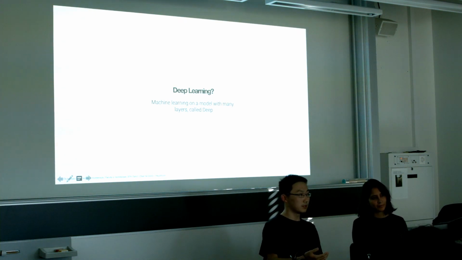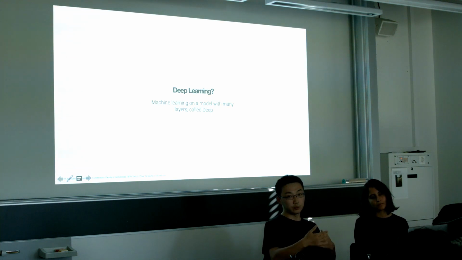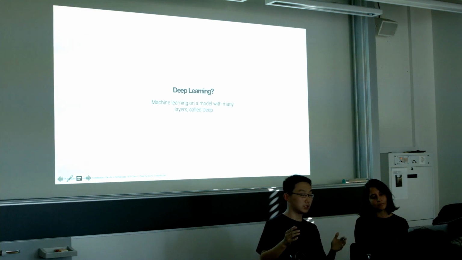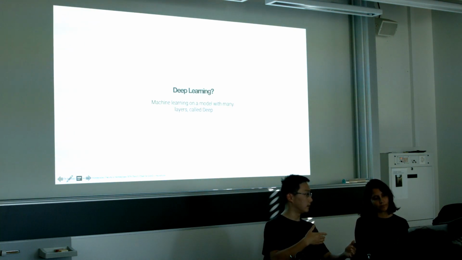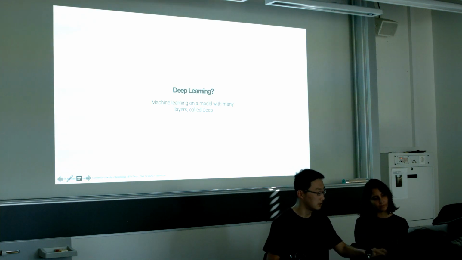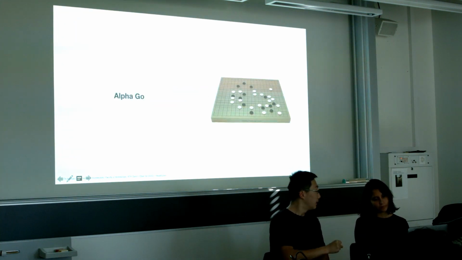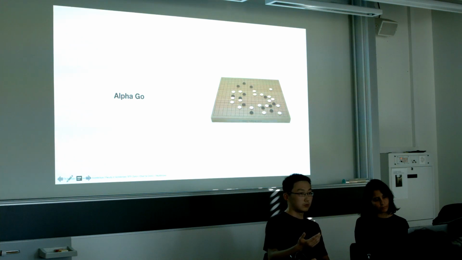Because of the efficient training algorithm we have and the GPU acceleration we have now, it's possible to build and train a very large neural network with one PC, and therefore this method got popular and was investigated by researchers from different disciplines. As an example, I would like to go back to the Go game, to AlphaGo, and quickly explain how AlphaGo works.